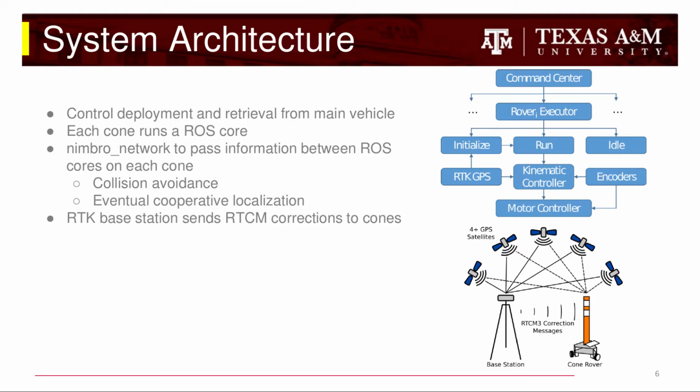This information is used to avoid collisions, but in the future we would like to use this information in collaborative localization of the cones. So, the central computer sends commands to deploy and return, while each cone calculates its own path information. Additionally, each cone receives correction messages from an RTK base station to greatly increase the accuracy of the onboard GPS.